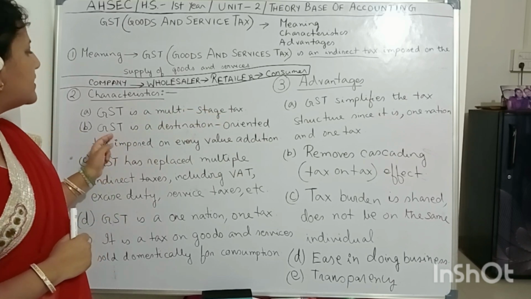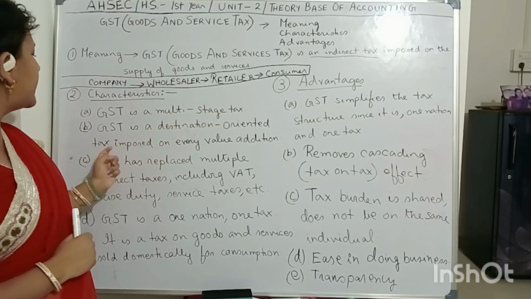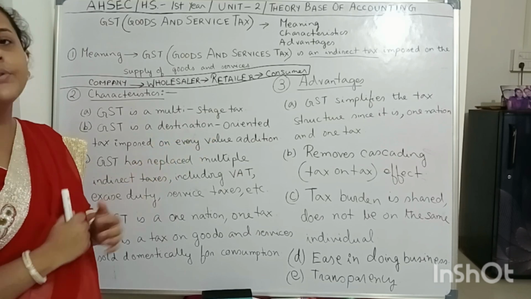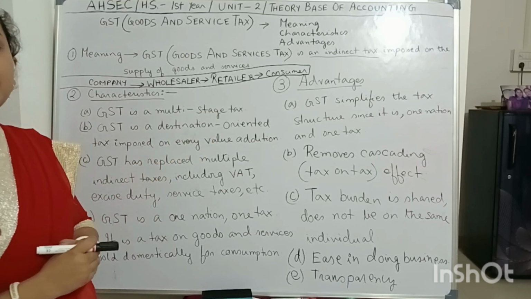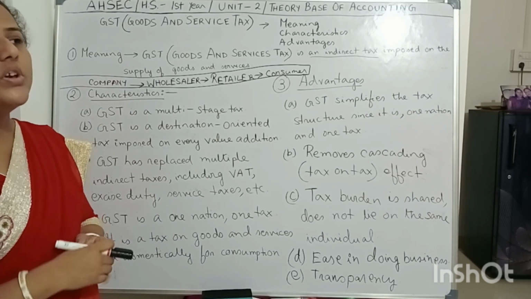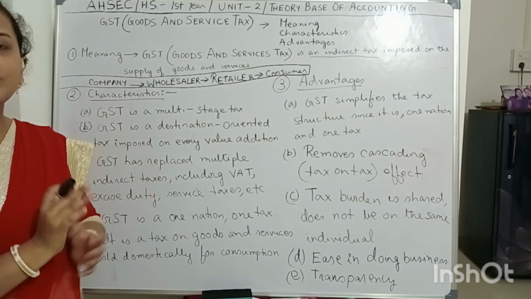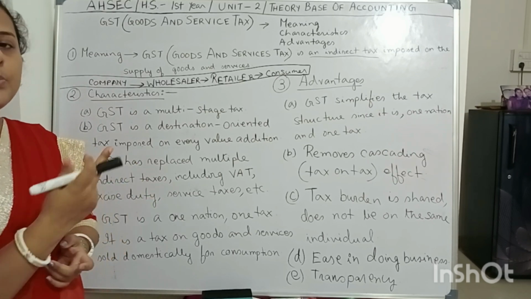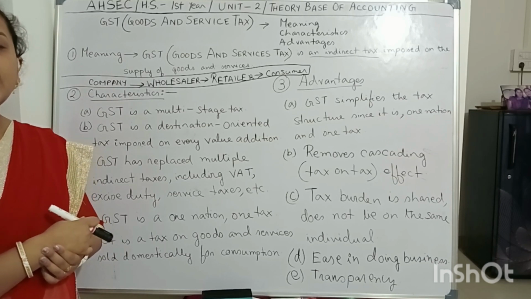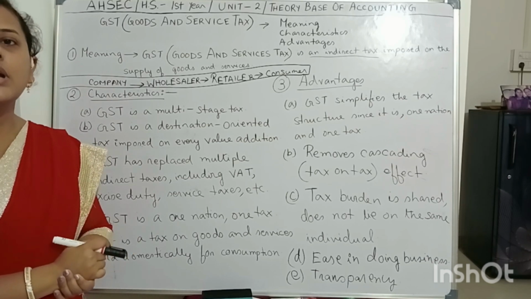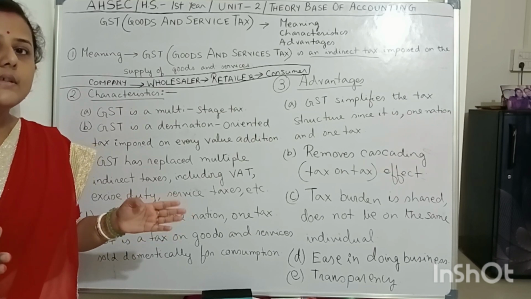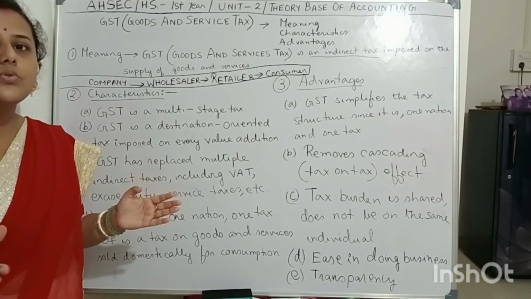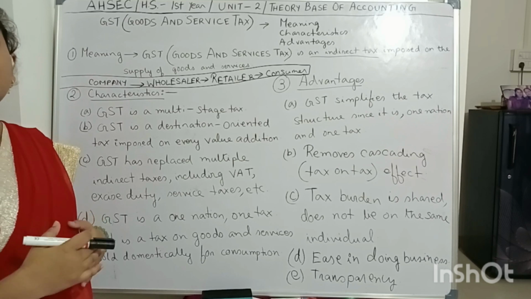Then GST is a destination oriented tax imposed on every value addition. Why is it called a destination based tax? Now we go to a shop, we purchase a commodity, and there we pay GST. That GST is imposed on the destination, the place where we are purchasing the product.